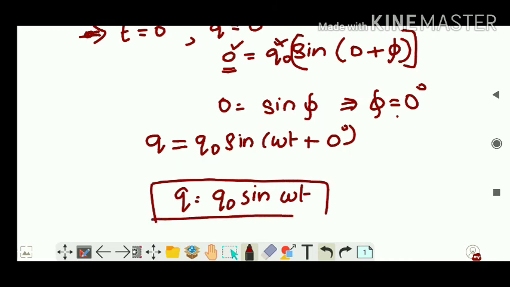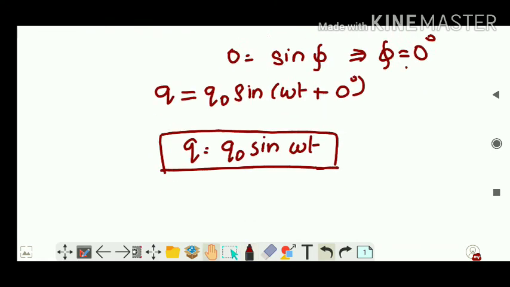So at t is equal to 0, if the capacitor is fully discharged, it doesn't have any charge, then the charge changes in the form of a sinusoidal wave, or a sine wave. As time goes on, it starts from sine. Now I will draw the figure and show it in graphical representation, then it will be much more clear.